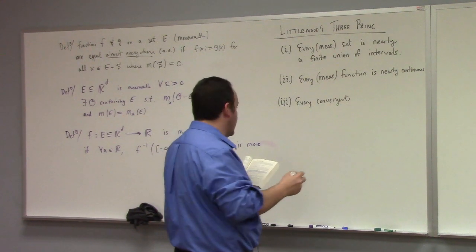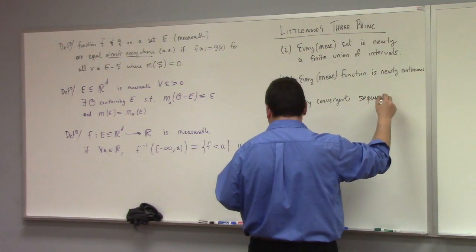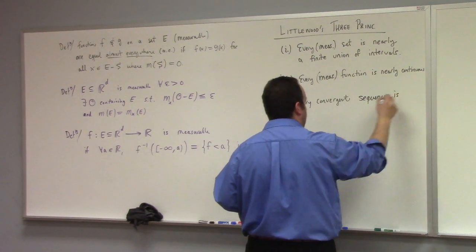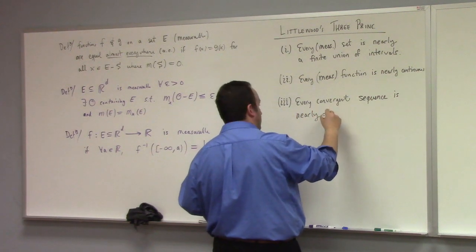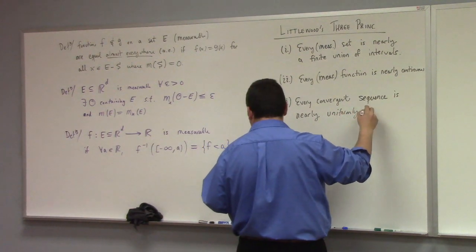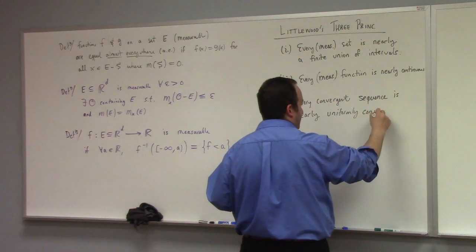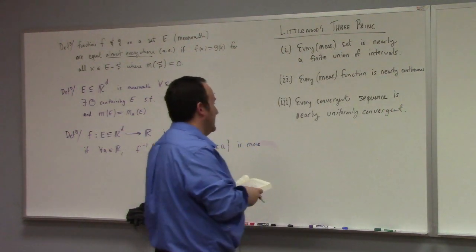Every convergent sequence is nearly uniformly convergent. And I've forgotten to be a truth teller here, right?